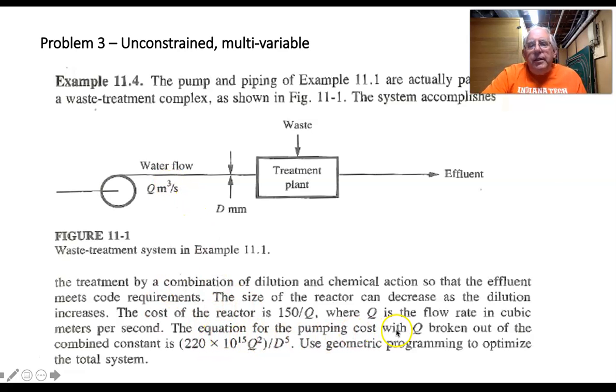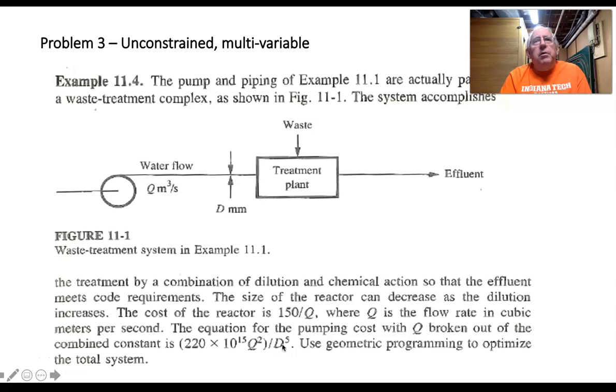Okay, the equation for the pumping costs is a term very similar to what we saw before, and as you see, it's related to the square of the volumetric flow rate, divided by the diameter to the fifth.